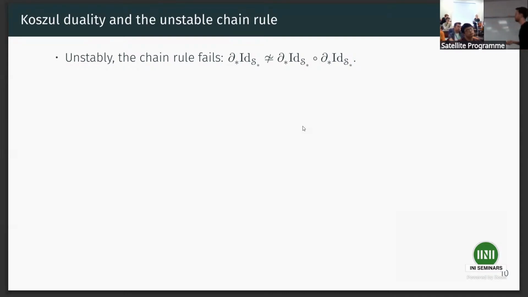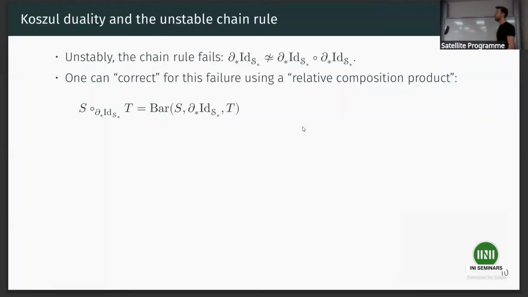However, when you have a failure like this, one thing you can try is to somehow model out the failure. So there's this construction of the relative composition product if you have two bimodules, and you can try to do that here.